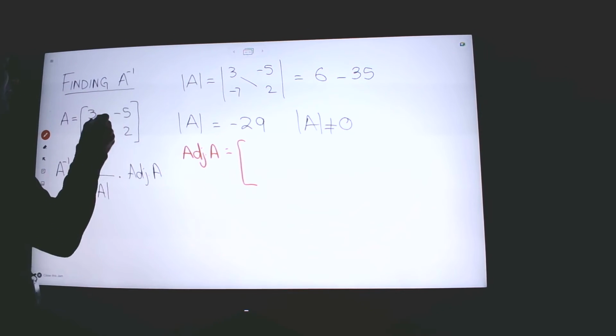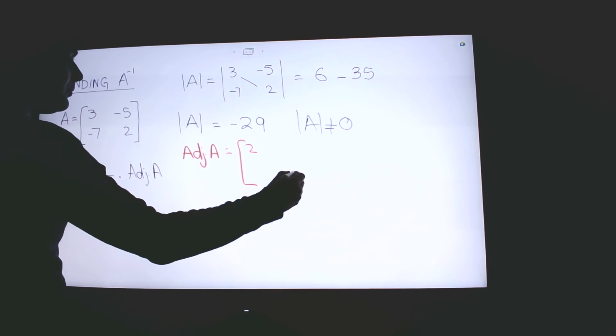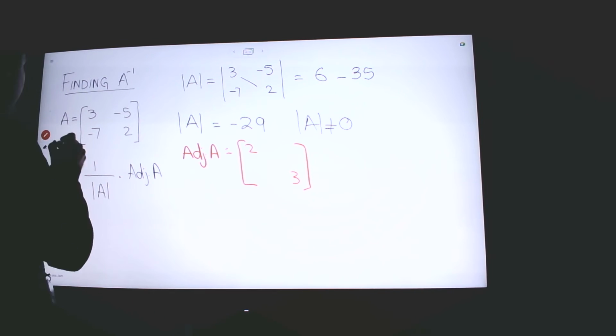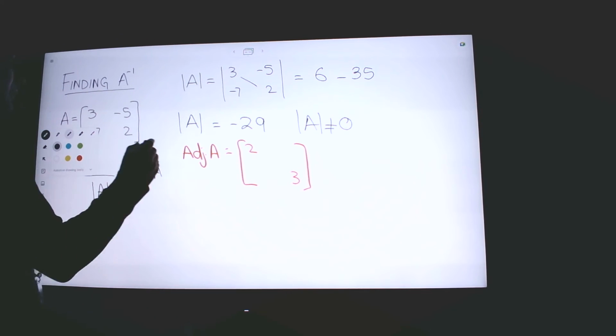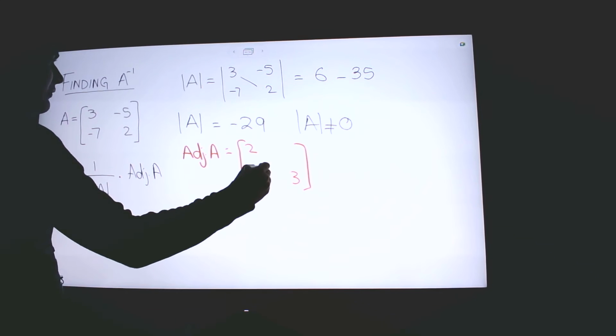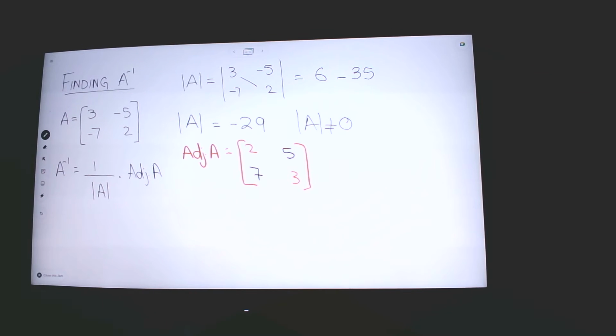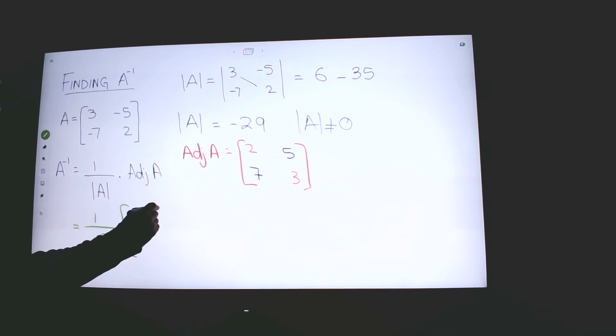It's simple. You change the positions of 2 and 3, and you change the signs of the other two: 7, 5. It's 2 by 2. Now I'm just going to put this here: 1 over minus 29, and this is 2, 7, 5, 3.